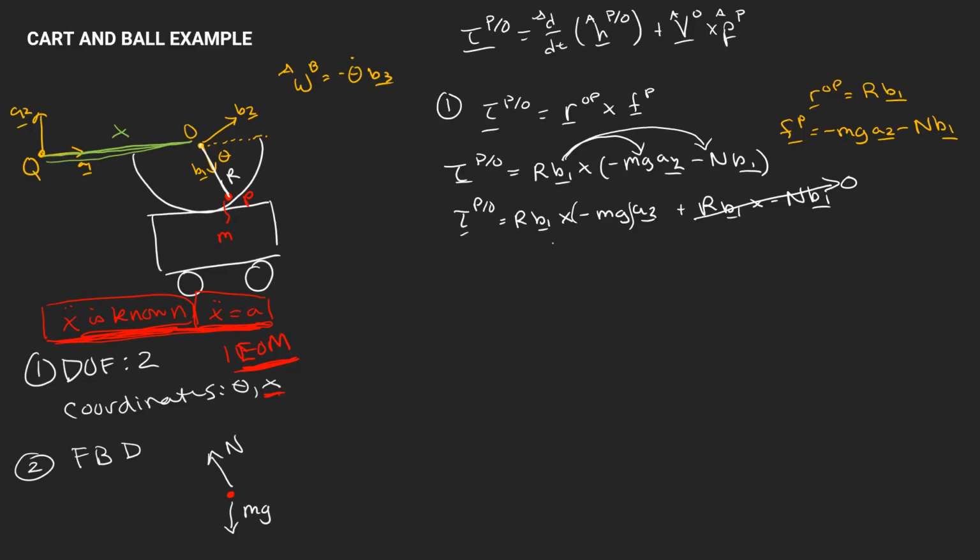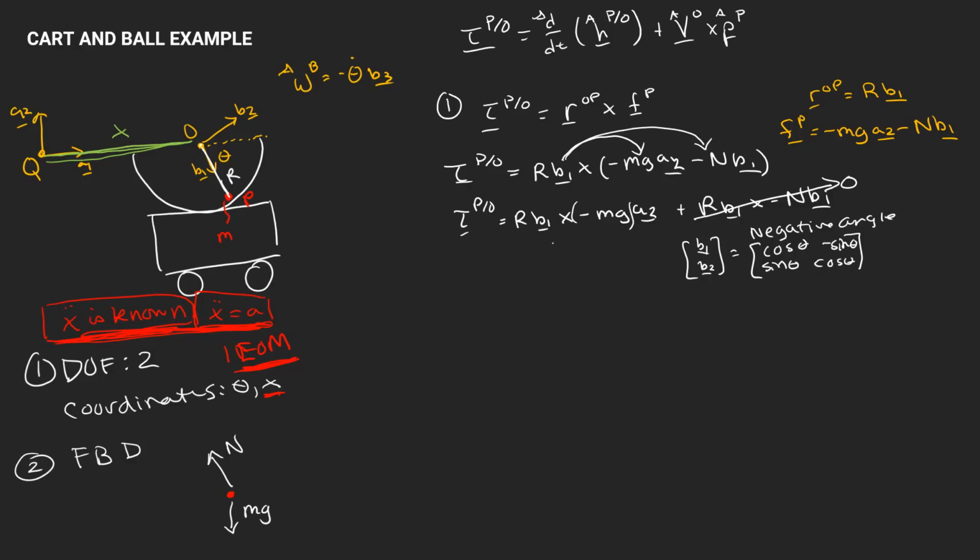So we're going to put everything in terms of the A frame. So that means we need to have an expression that relates B1 and B2. Now, this is important to remember that we have a negative angle. And that's key here because now our relationship says that we have cosine theta, negative sine theta, and cosine theta.